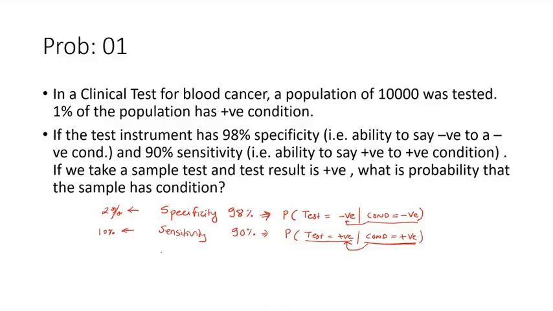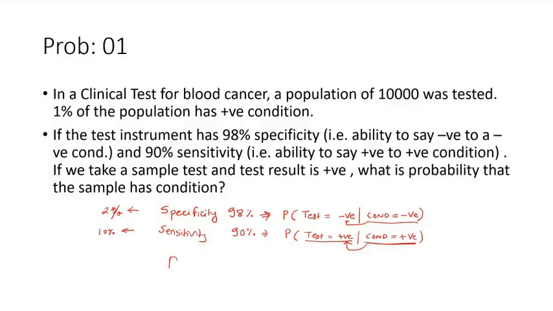Now in this problem what is given to you is that the instrument is saying that you have a positive condition. What is the chance that the person really has that condition?